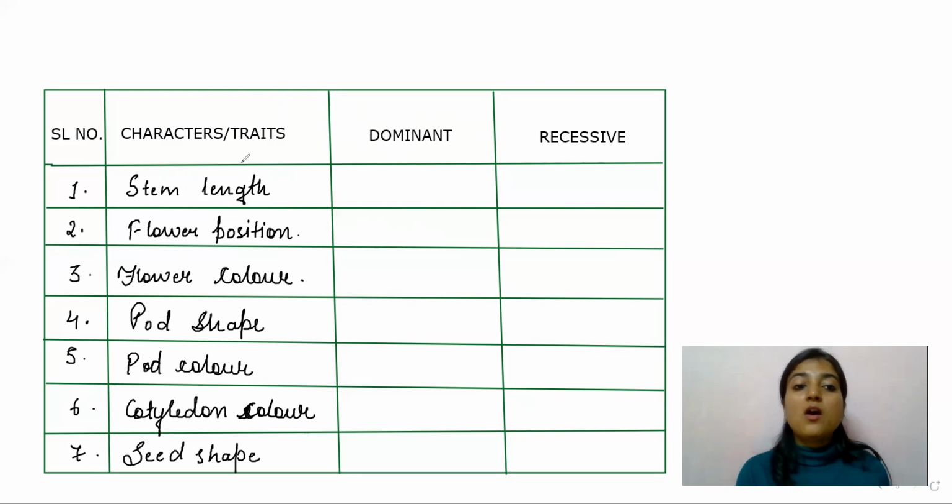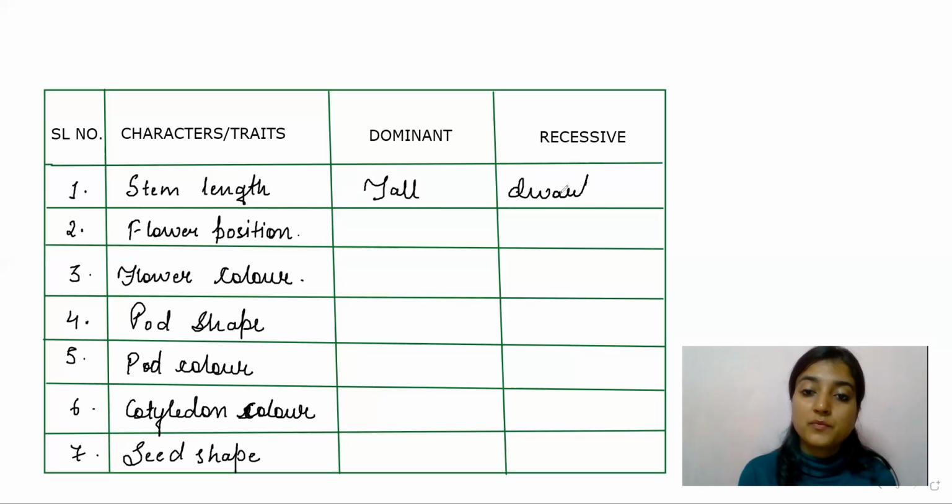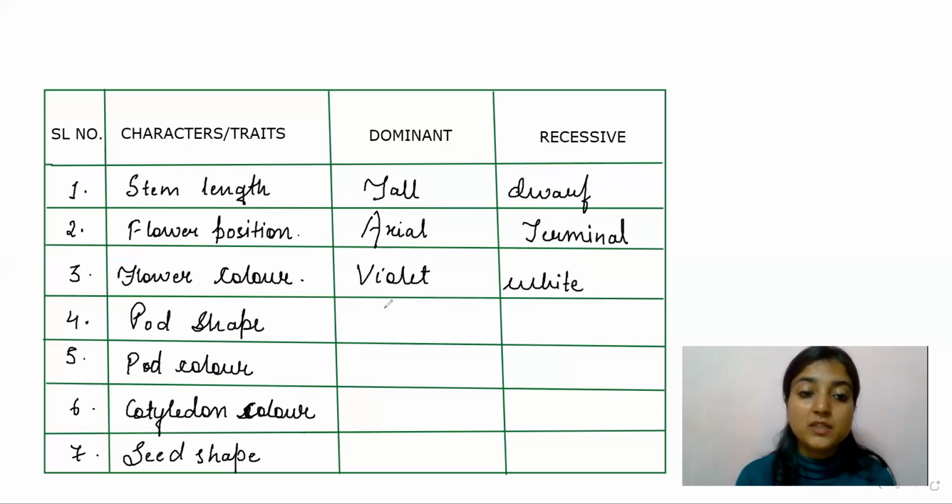The dominant for stem length is tall, whereas the recessive is dwarf. For flower position, the dominant is axial, whereas the recessive is terminal. Flower color is violet in the dominant and white in the recessive. Pod shape is inflated in the dominant, whereas the recessive is constricted.